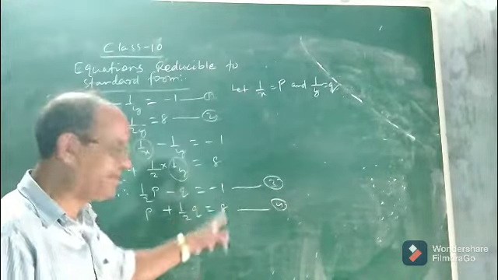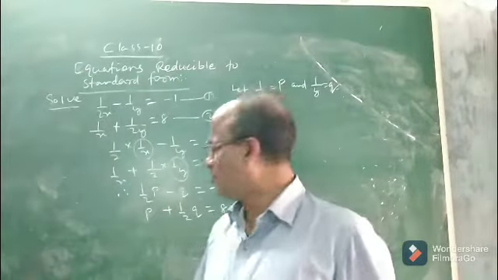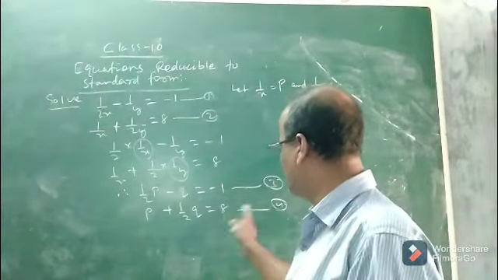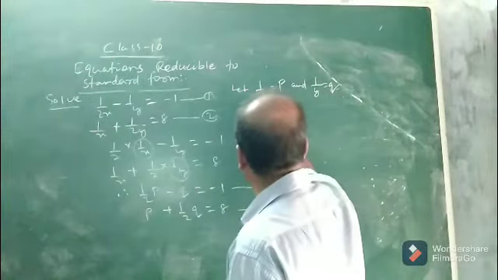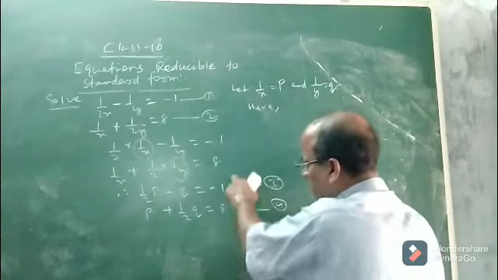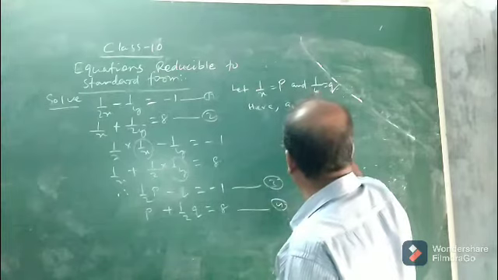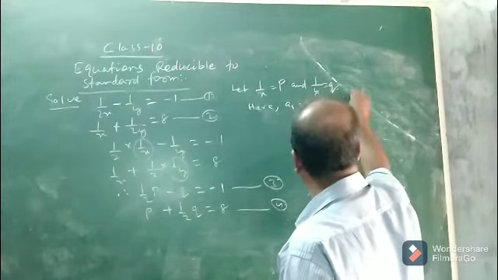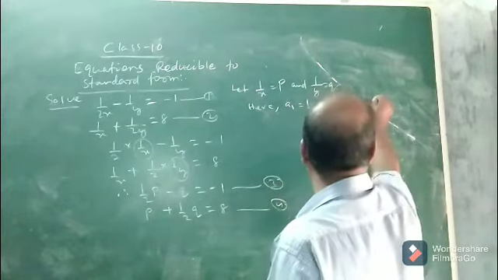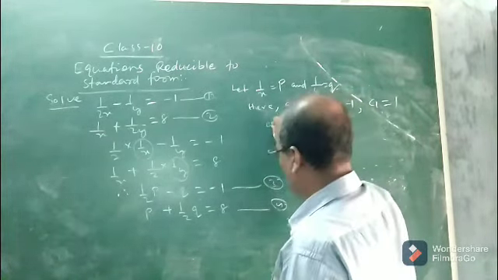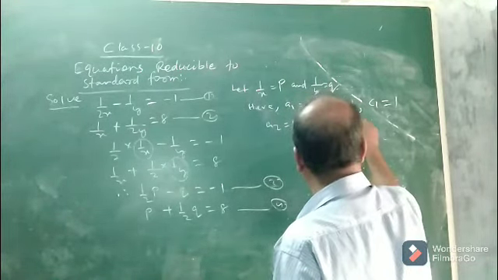These two equations have been reduced to the standard form, that is a1x plus b1y plus c1 equal to 0 and a2x plus b2y plus c2 equal to 0. So from this we can easily find, in these two equations which are in the standard form, a1 is half, b1 is minus 1, c1 is plus 1, a2 is 1, b2 is half, and c2 is minus 8.